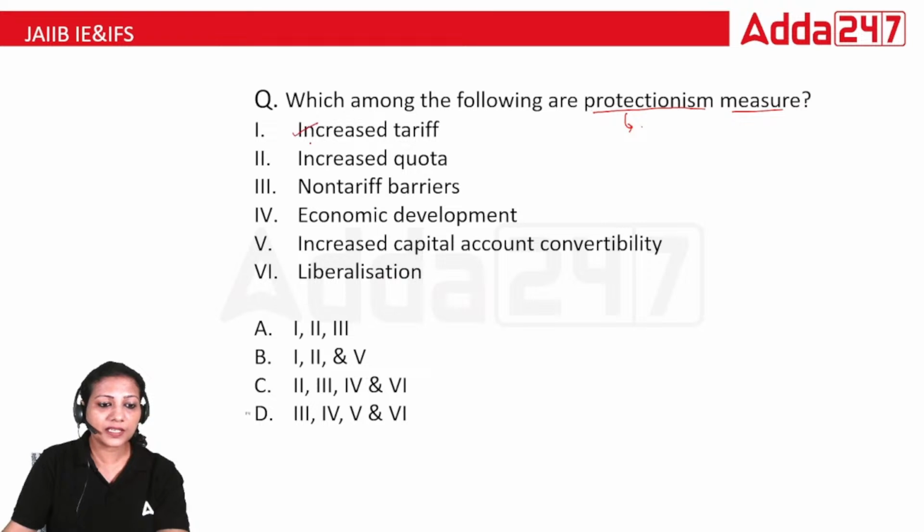Increasing the tariff will definitely protect the Indian market. Increasing quota will also. Non-tariff barriers are also there. So these three are protectionism measures. Economic development, increased capital account convertibility, and liberalization are not part of protectionism. So the right answer is 1, 2, and 3.